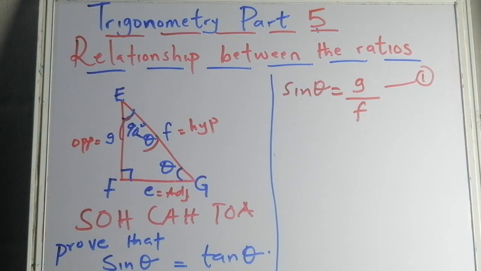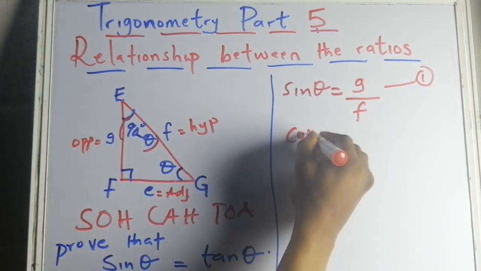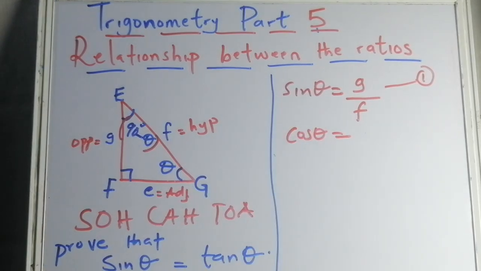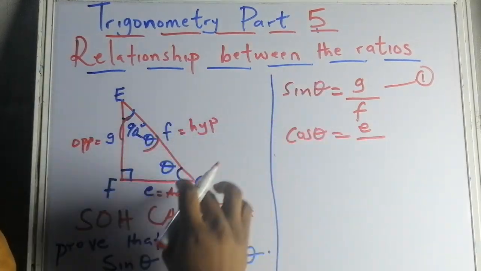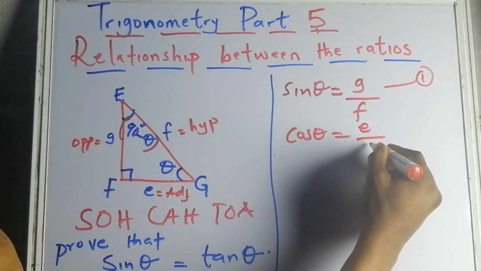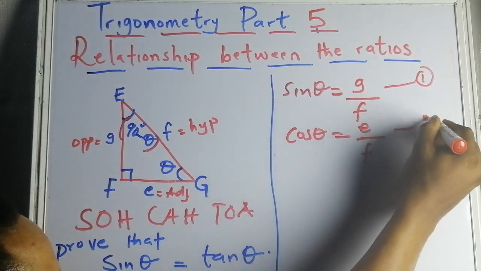Okay? G over F. So what is my cos theta? Cos theta equals adjacent over hypotenuse, that is E over F. That's equation 2.